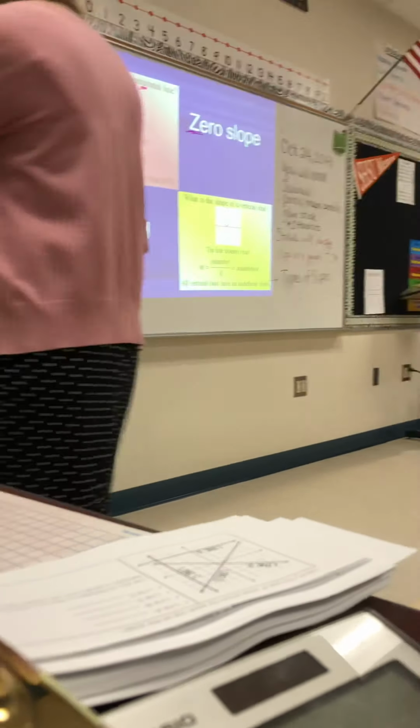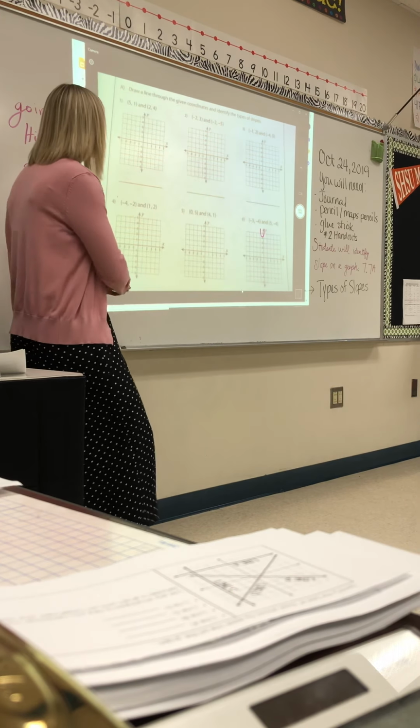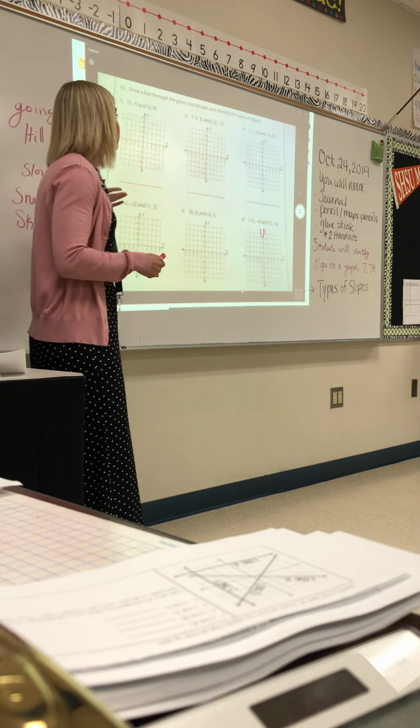Everyone get this paper in front of you. So it says, draw a line through the given coordinates and identify the types of slopes. So if we do number one together. We have the points (5, 1) and (2, 4). So what are we going to do first? Dot each one.